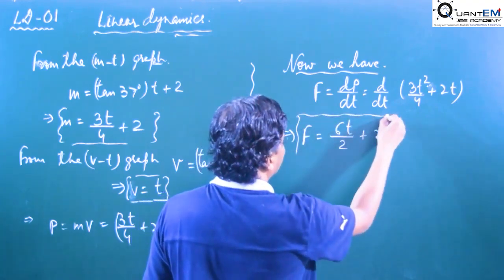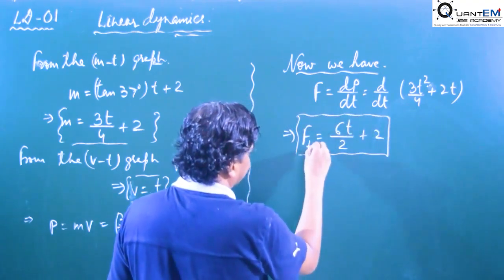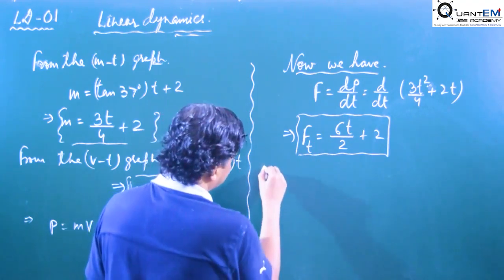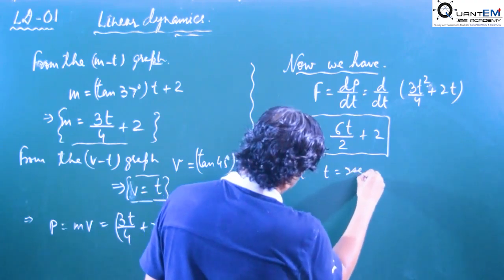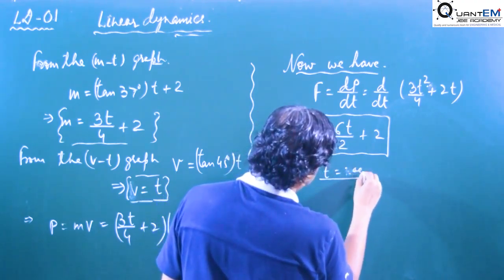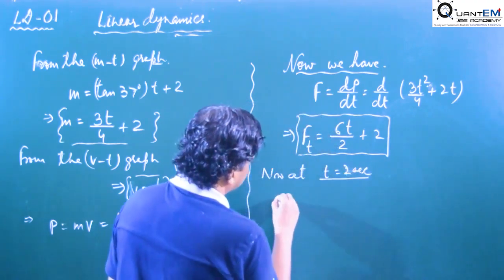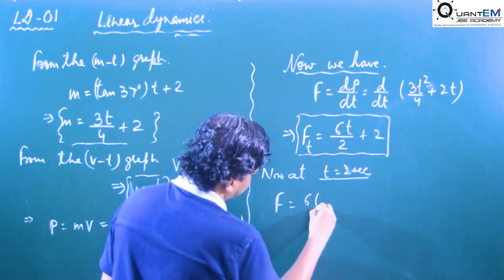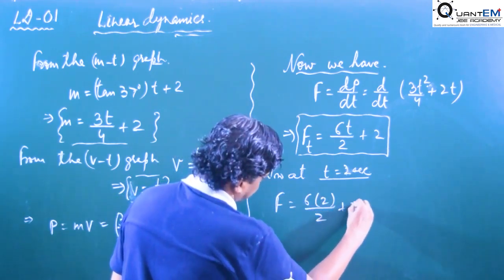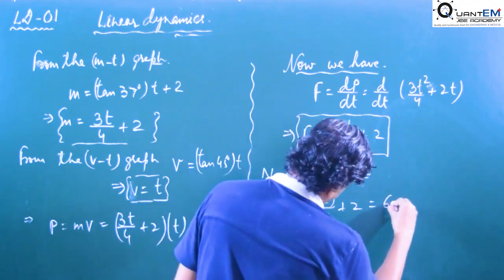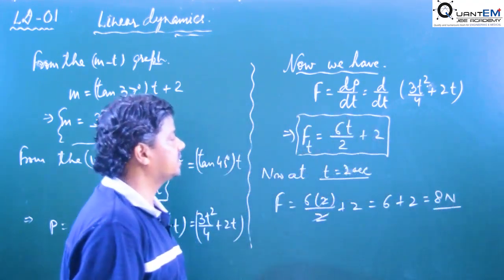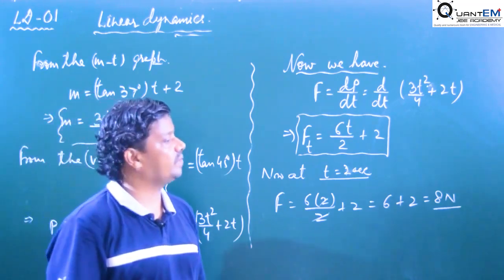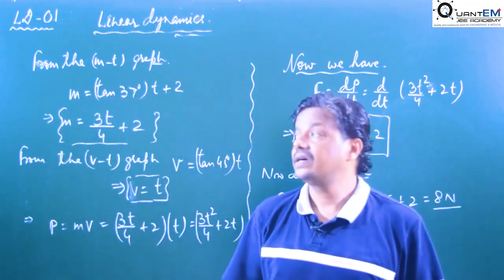Now this is the force at any time t. At what time do we need it? t is equal to 2 seconds. F is equal to 6 into 2 by 2, so we have the result 6 plus 2, that is 8 Newton. The other questions, average momentum and average force, you have to do yourself.